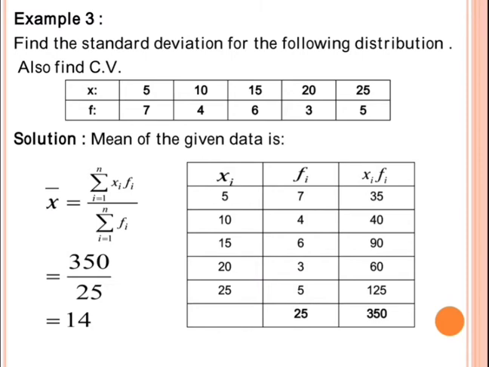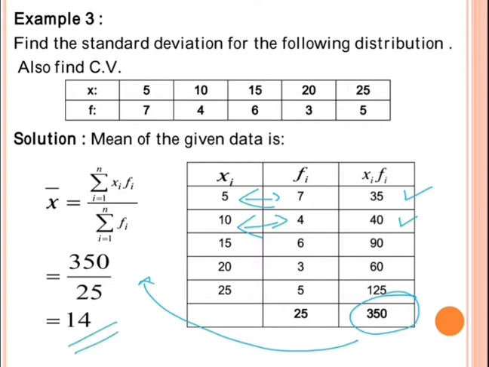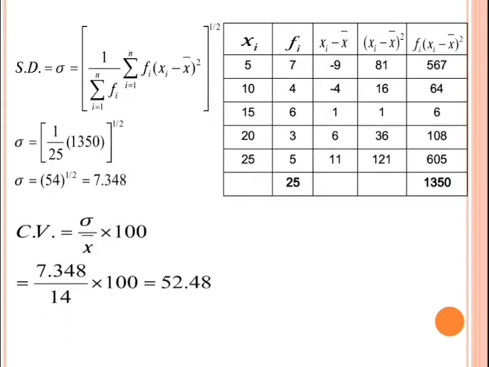We will multiply the corresponding entries of xi and fi. 5 into 7 that is 35. 10 into 4 that is 40. Similarly, we will multiply all the entries of xi and fi and we will do the total and we get 350. We'll put this in the formula of mean. So 350 upon 25, our mean is 14.